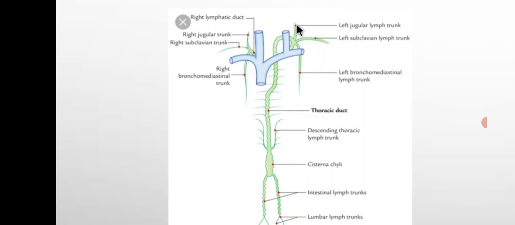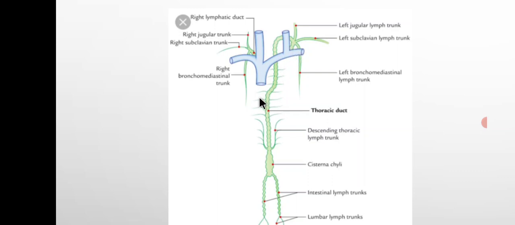From where will it bring these lymphatics? From the neck via the left jugular lymph trunk, and from the upper limb via the left subclavian lymph trunk. And the left bronchomediastinal lymph trunk will finally drain into the thoracic duct.